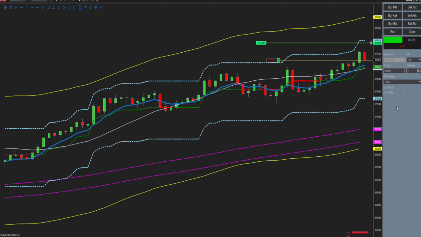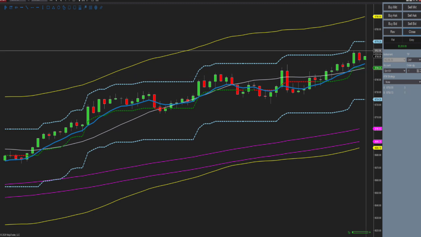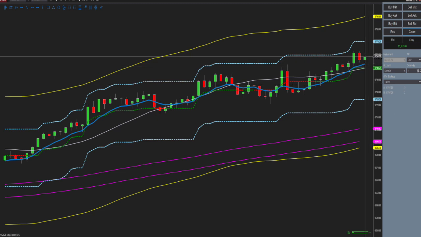If it closes red and I'm in profit, I'll just close it, though it's a nice setup for long. Looking at the time of day, I'm fine with 10 ticks or whatever was there.